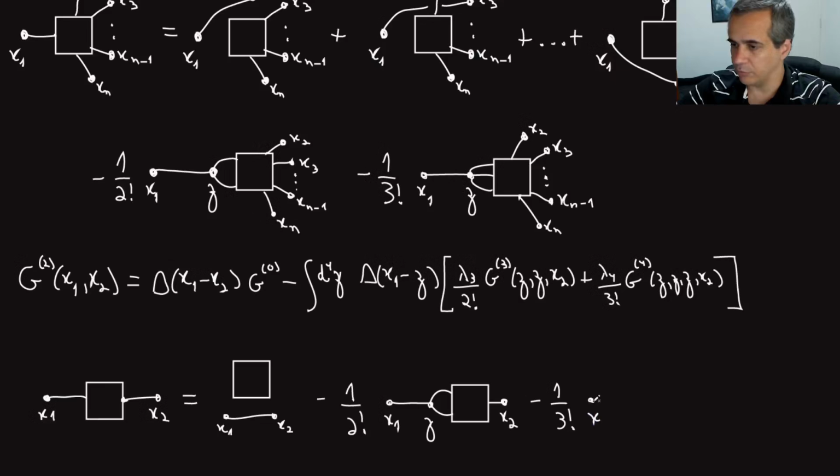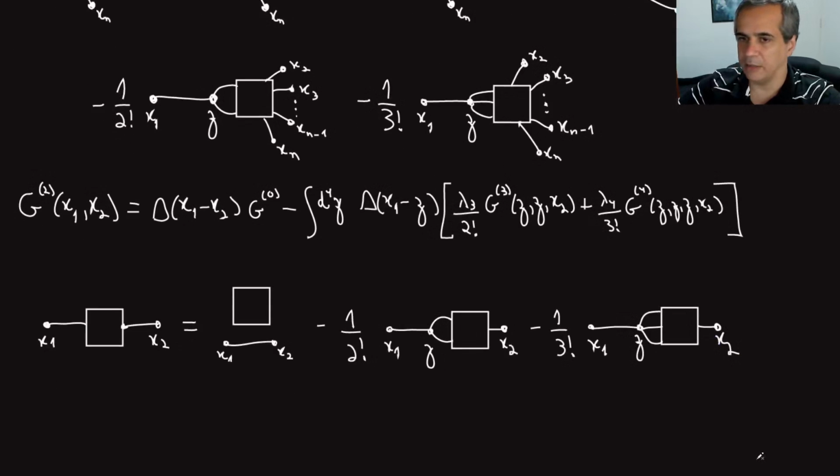A line going from x1 to z, 3 lines going into the box, and a 4th line, because this is G4, going into x2, right?